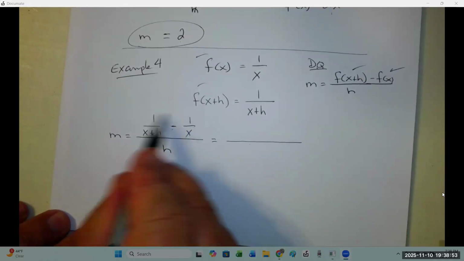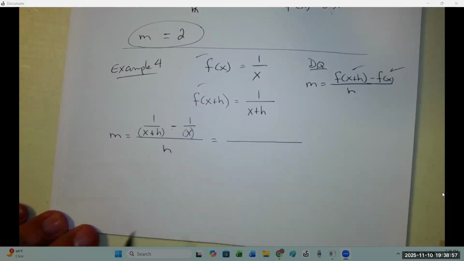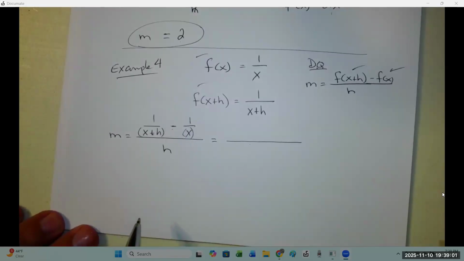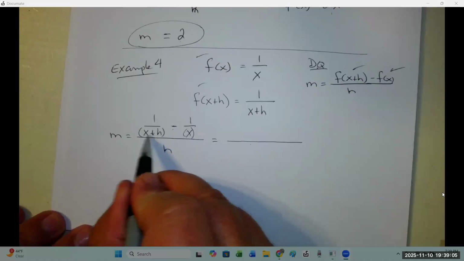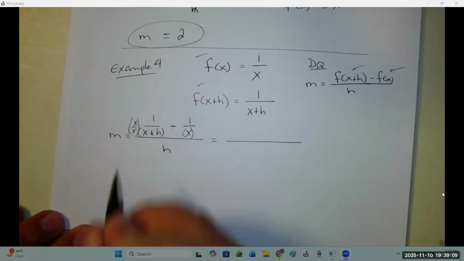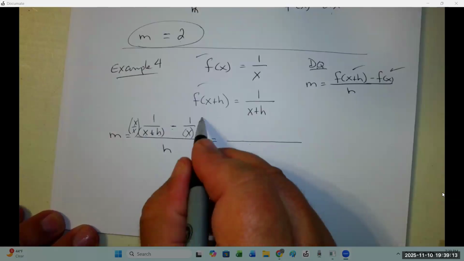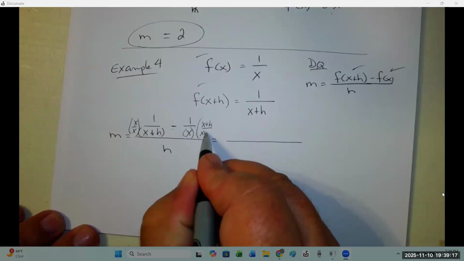Okay, so we have to fix the top first. Whenever you subtract fractions, you have to have a common denominator. This one just has an x. This one has a whole expression. So this one needs an x over x. This has an x plus h. This one doesn't. So this one needs an x plus h over x plus h.